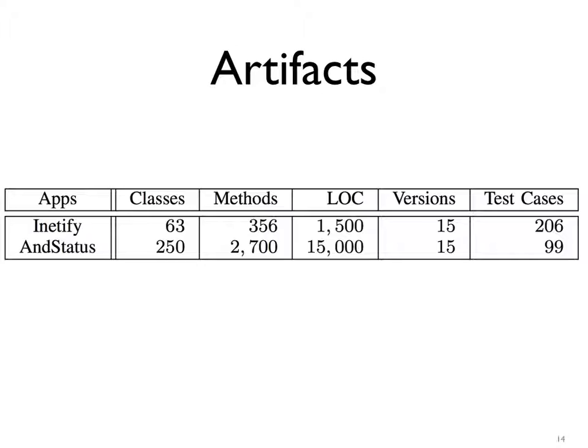For each app, we created 5 mutants v1 to v5 with one change statement, 5 mutants v6 to v10 with 3 change statements, and 5 mutants v11 to v15 with 5 change statements for each version. Thus, in total, we created 15 versions for each app.